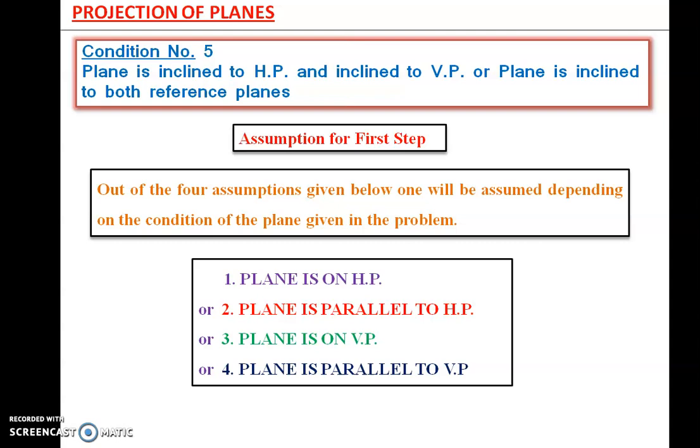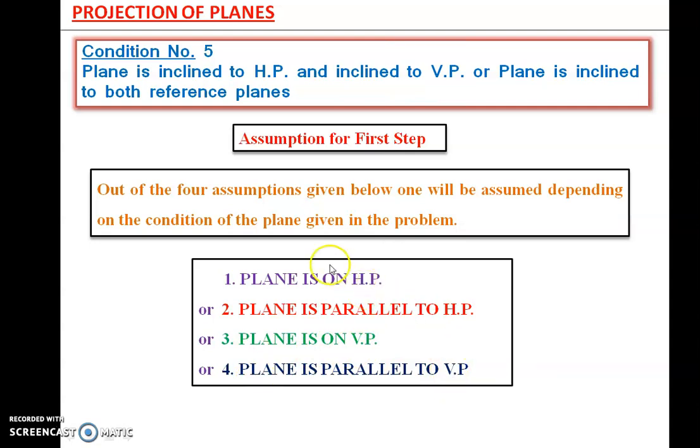So what are the 4 assumptions? Either one of these 4 will be used in condition number 5 first step. Either you will assume that the complete plane is on HP, or the plane is parallel to HP, or the plane is on VP, or the plane is parallel to VP.